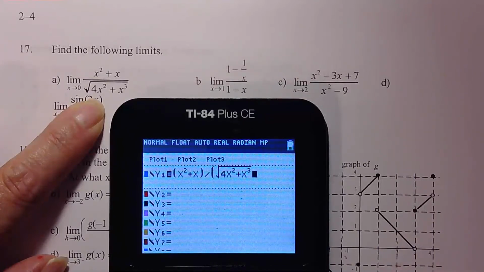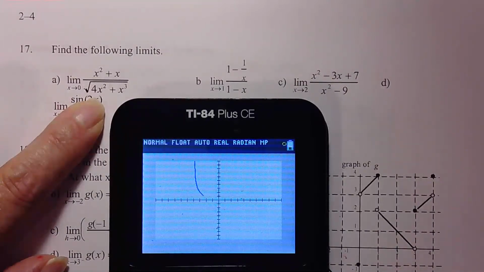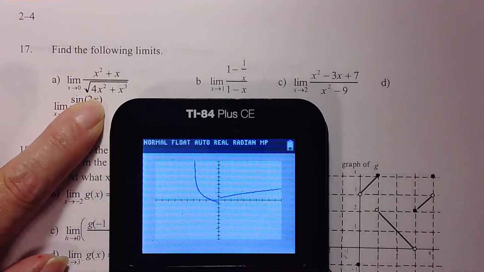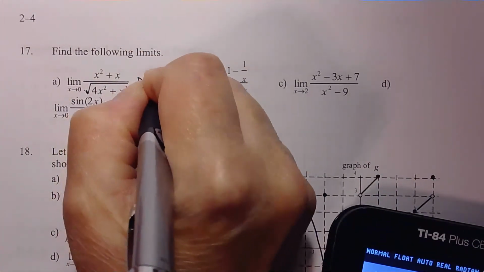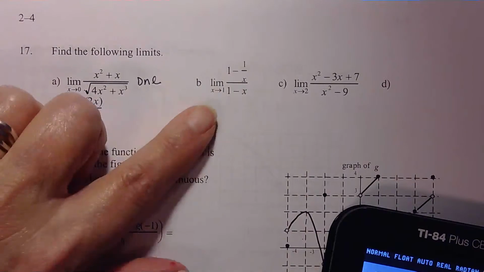Go outside of the box, close the parentheses, hit the graph key. We clearly have a break in this graph here, so we know the limit from the left does not equal the limit on the right, so we would say the limit does not exist. Second one.